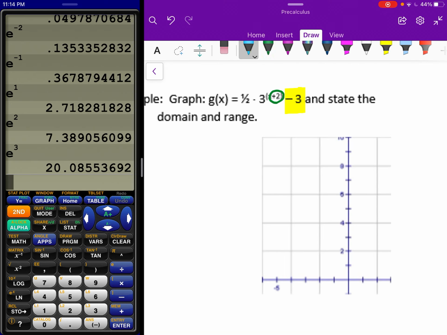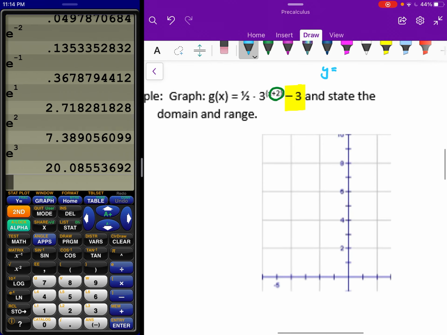So what I'm going to do to start with is just graph y equals 3 to the x. You can make a little table. We're actually not going to use as many numbers this time because we don't need them.